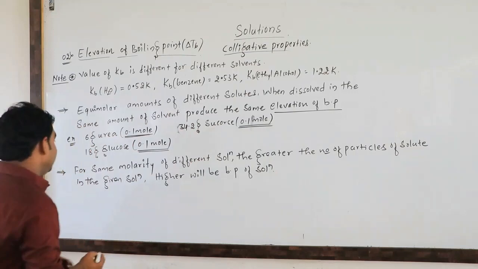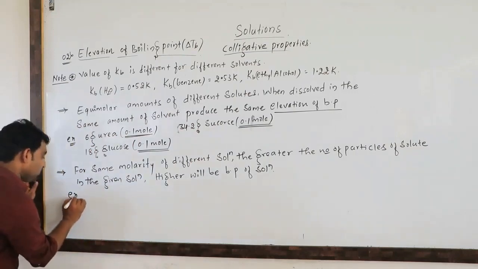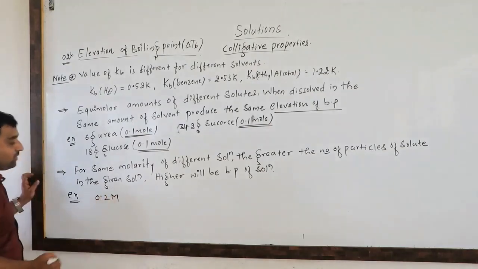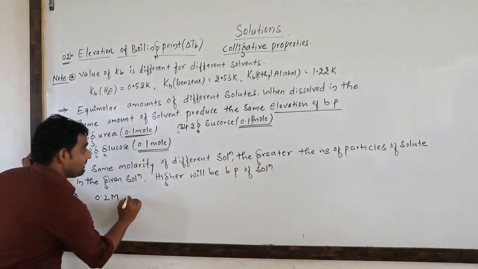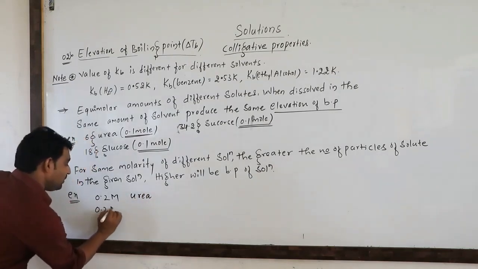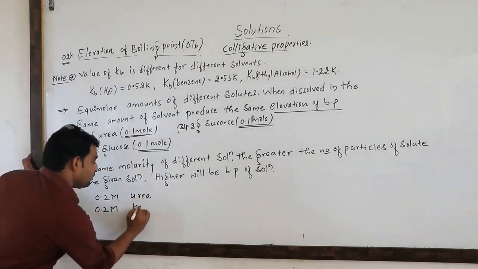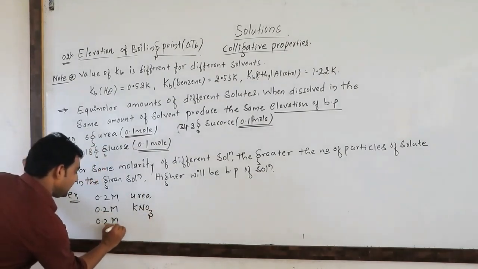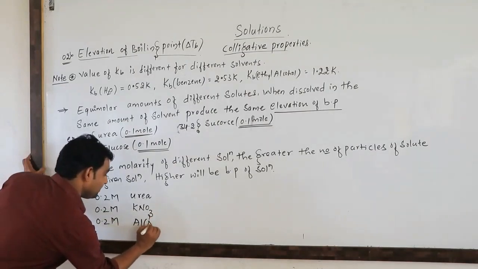You can take an example regarding this one, having the same molarity: 0.2 molarity of urea, 0.2 molarity of KNO3, one more solute, and 0.2 molarity of aluminium nitrate.